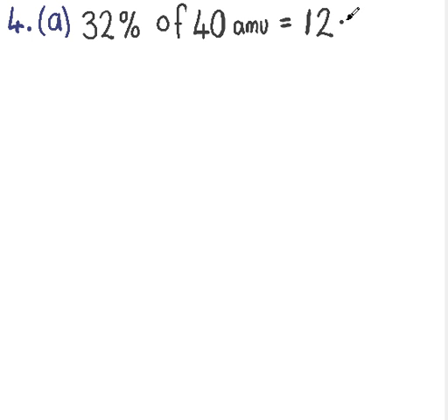So what we need to do first is find out what 32% of the original mass is. So that's 32% of 40. If we do that calculation, then we get an answer of 12.8. So what we want to do is calculate how many hours it will take to decay below this value of 12.8.